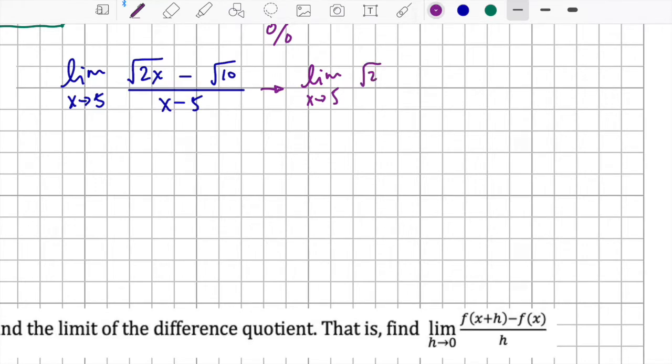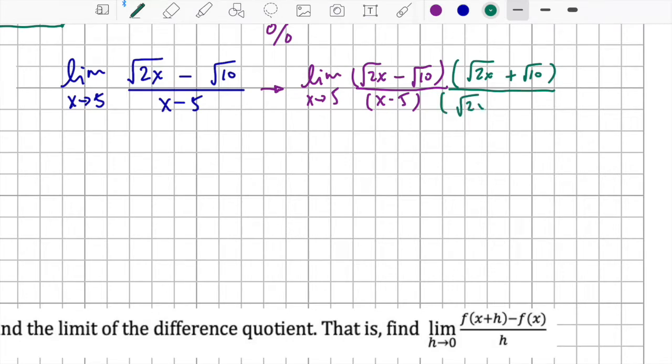So the numerator is square root of 2x minus square root of 10, and then the denominator is just x minus 5. I'm going to multiply by the conjugate. The conjugate is just square root of 2x plus the square root of 10.